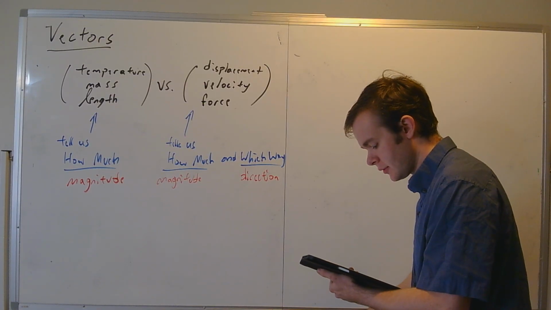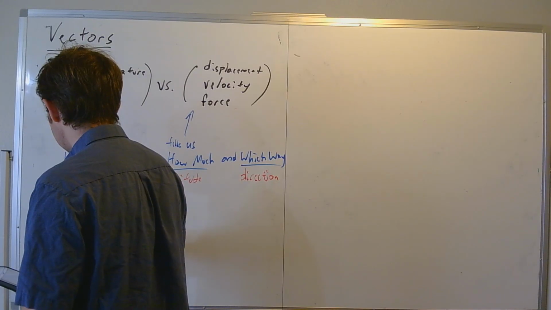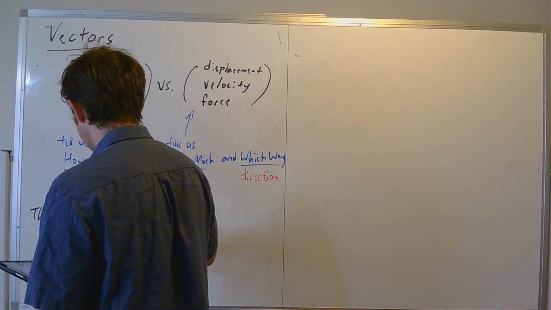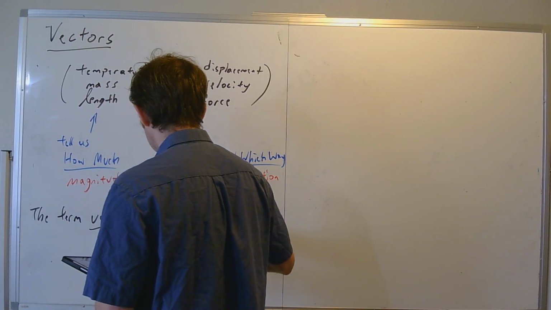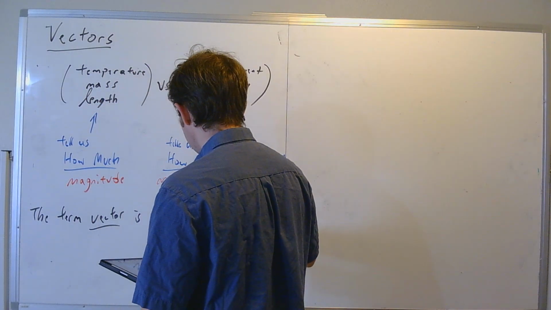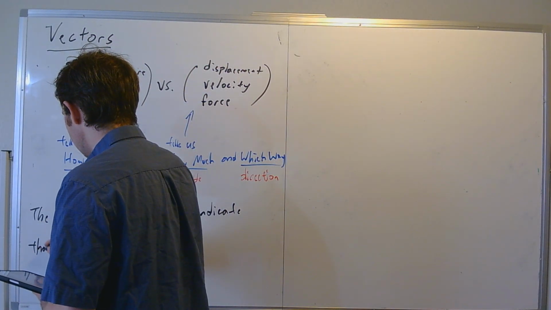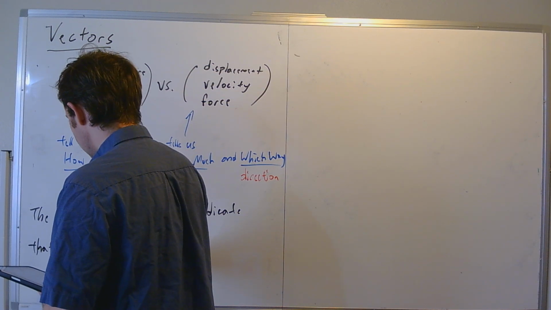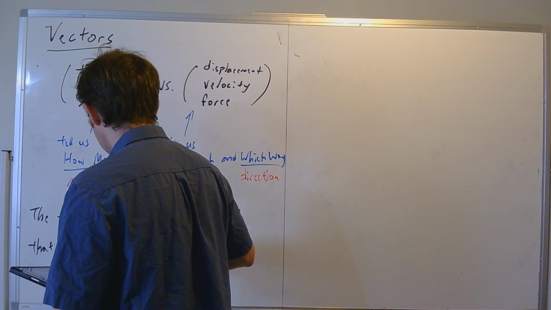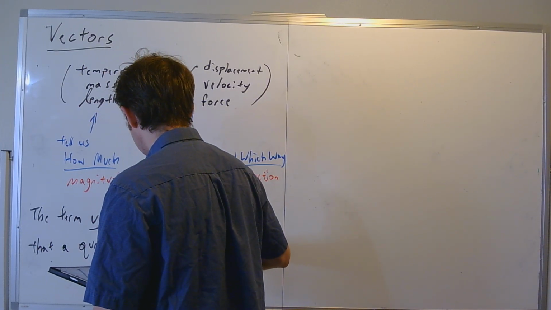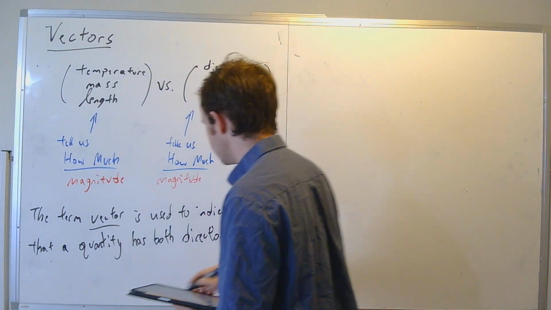So I'll say here, the term vector is used to indicate that a quantity has both direction and magnitude.